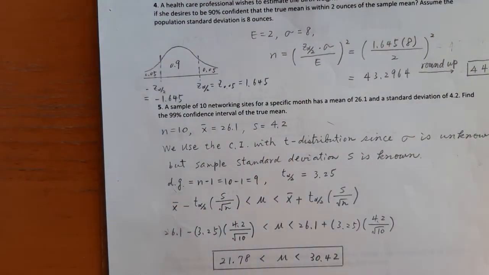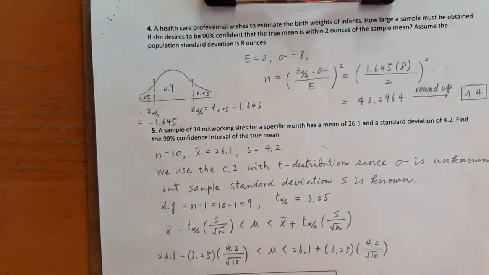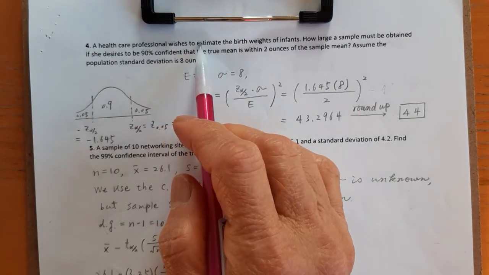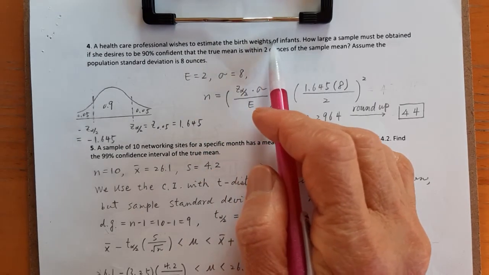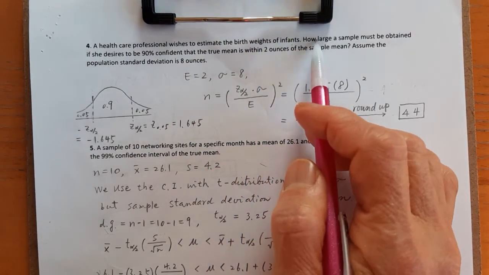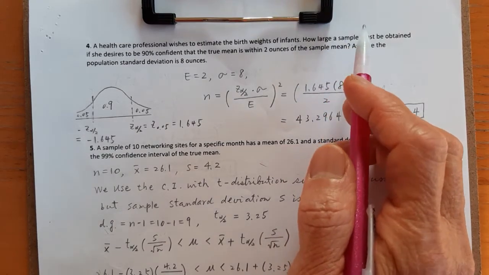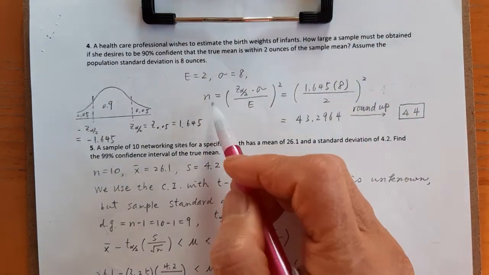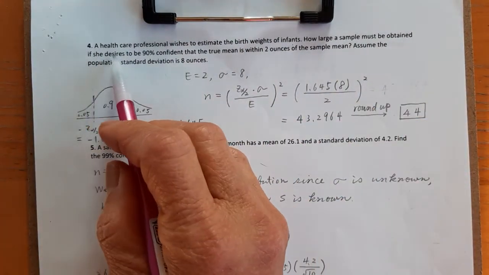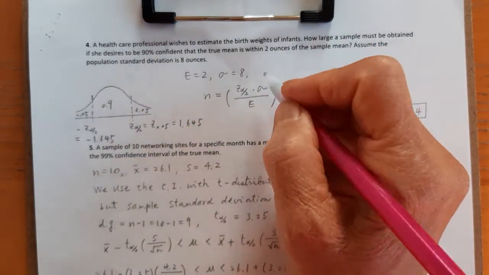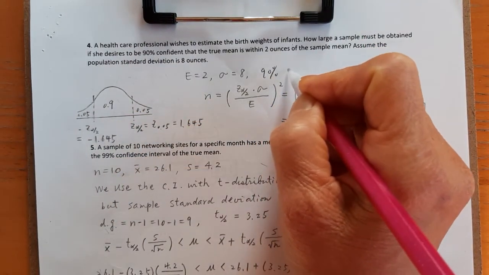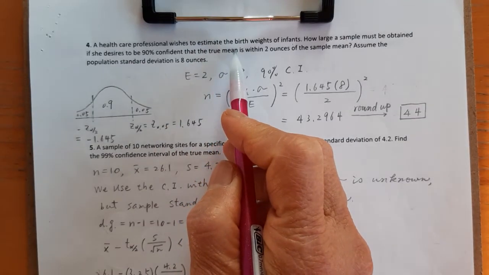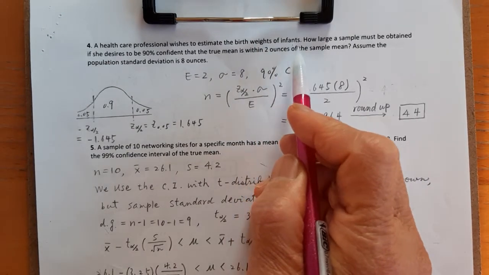Question 4: a healthcare professional wishes to estimate the birth weights of infants, and asks how large a sample must be obtained, looking for n, if she desires to be 90% confident that the true mean is within 2 ounces.